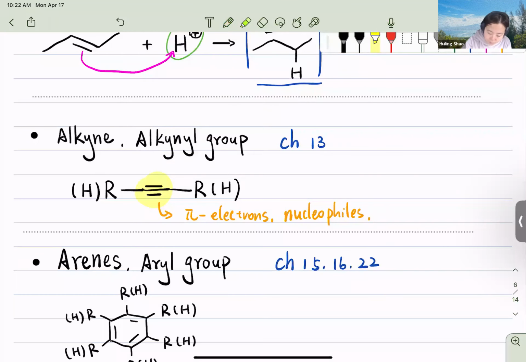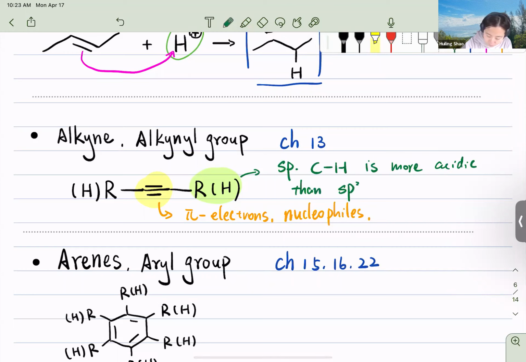Second piece of information is, if you remember what we talked about. So here, when we say R or H, it depends on whether it's an R group or an H. But if it is an H, this is again a review. Remember the sp C-H is more acidic than sp3 C-H.